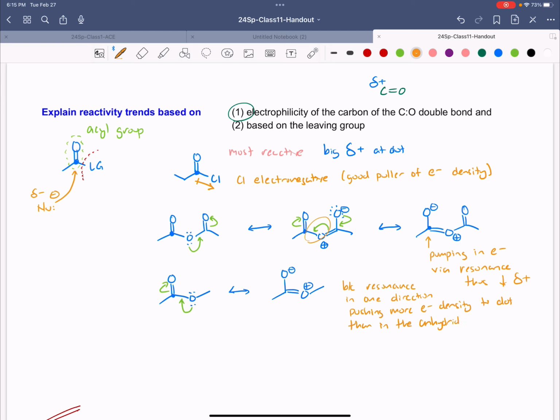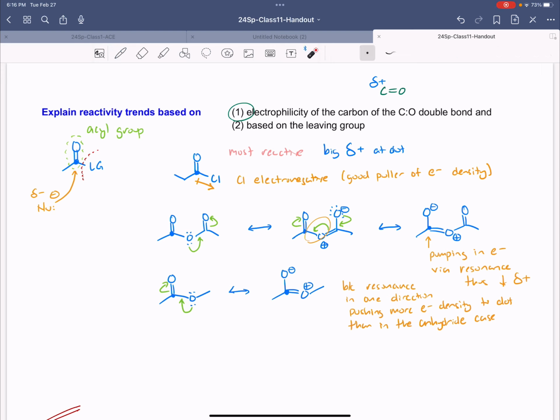This is not easy, and as you can tell, it's not easy to explain it. But what we're trying to do is we're trying to see via either electronegativity or resonance, how are we modulating the partial positive on that dot? Are we making it bigger or smaller than normal? Or in this case, compared to this acid chloride.